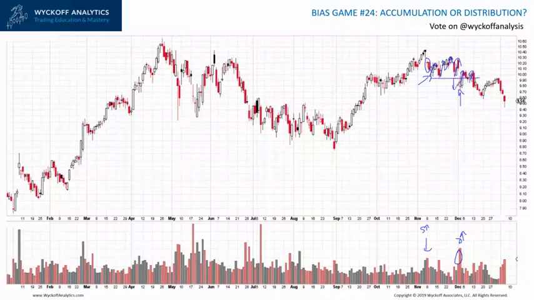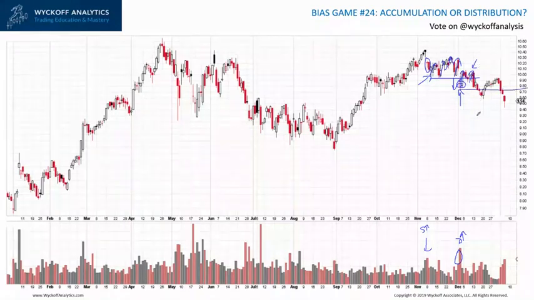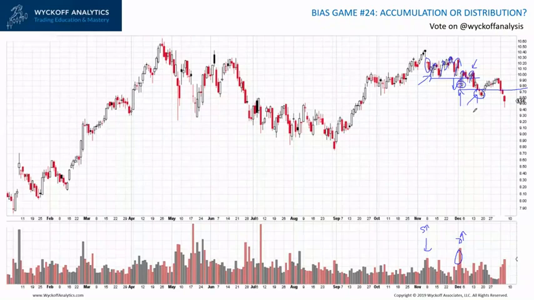The progress of that commitment is very minimal. There is only one bar that commits to the downside, and then the price recovers really quickly. Next time, we have the same type of, how would I describe this? Not impressive commitment to the downside.